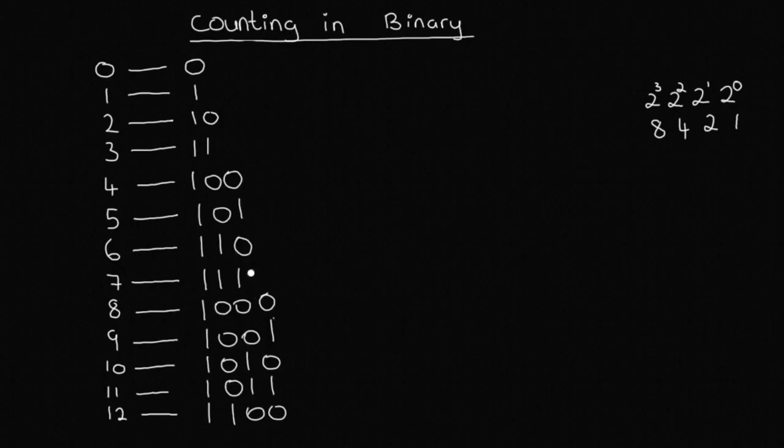So these are the rest of the answers, and if we want to pick one of these numbers just to double check it, let's say for example we pick the number 9, and we want to make sure that this binary number is actually 9. So we can go over here and write down the binary number that we think equals 9. So 1, 0, 0, 1.